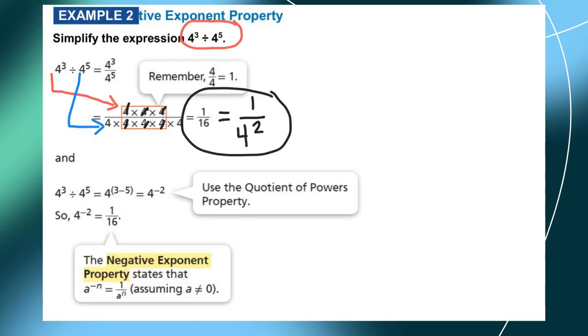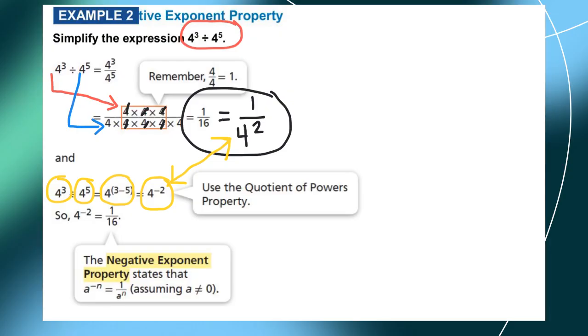So it looks like if I had used the quotient of powers rule and kept my base and subtracted my exponents, it appears when I have a negative exponent, I will get a decimal or a fraction.